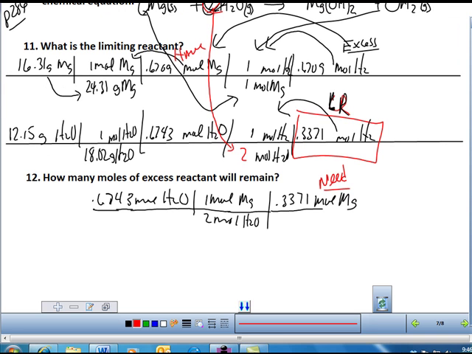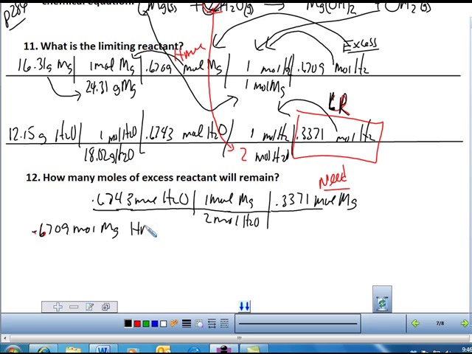Everybody with me? Who's not with me? Who is with me? Okay, so we're going to write this down. We got 0.6709 moles of magnesium.